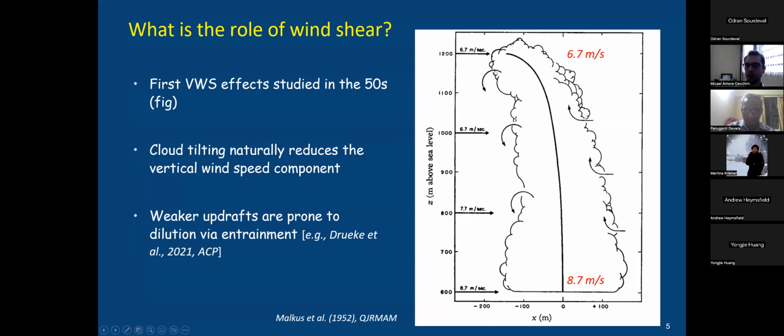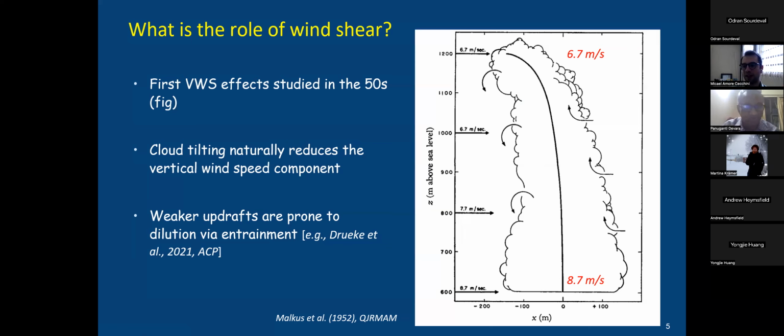Then the cloud is tilted a little bit, and what it causes is that the air is moving upwards diagonally instead of vertically. Naturally, the vertical component of the wind is smaller just because of the geometry.